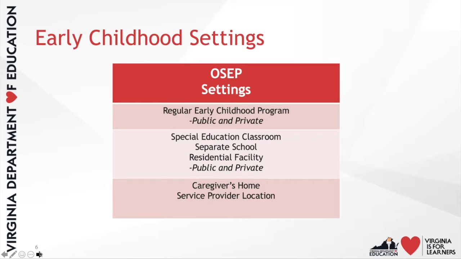The first category is regular early childhood program. The second category is a special education program, which includes a special education classroom, separate school, or residential facility. The third category is a caregiver's home. The fourth is a service provider location. These terms will be clearly defined in the upcoming slides.